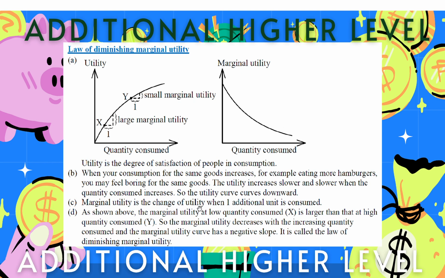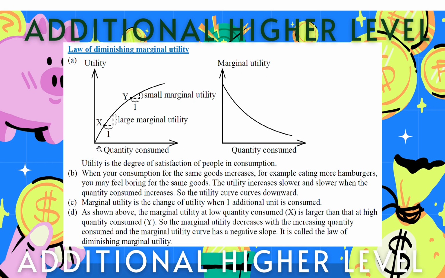Marginal utility is the change of utility when one additional unit is consumed. When you are at X and consume one more unit, you have a large marginal utility. But when you are at Y, you have already purchased a high quantity, so with one more unit the marginal utility is still positive but less.